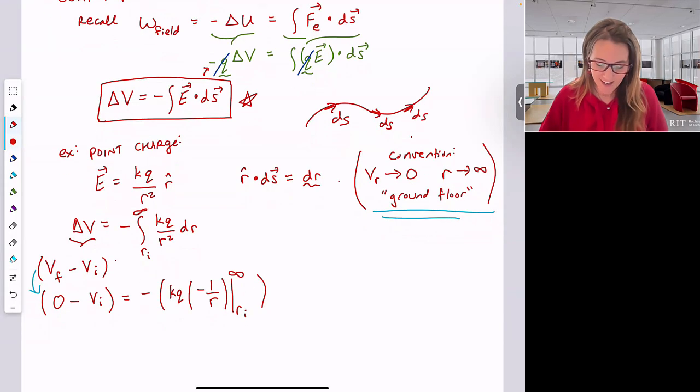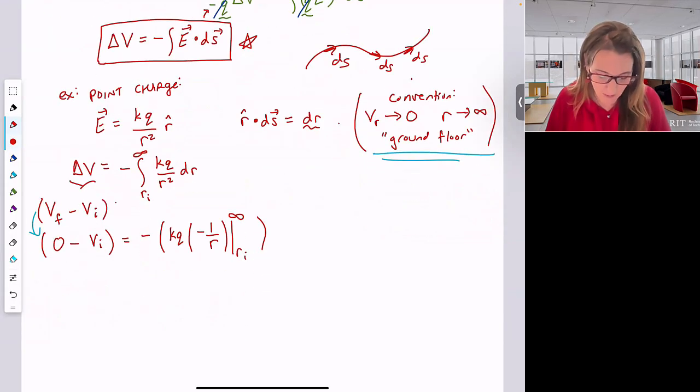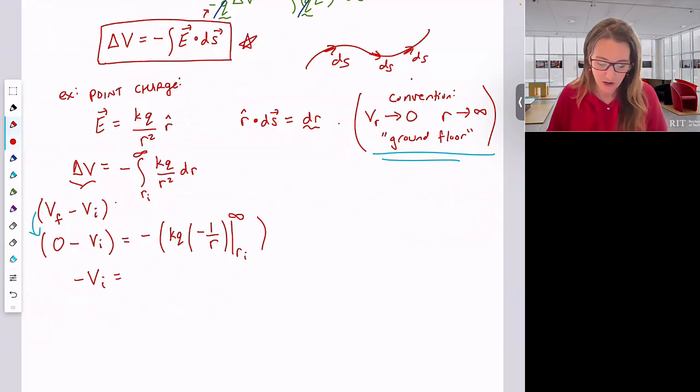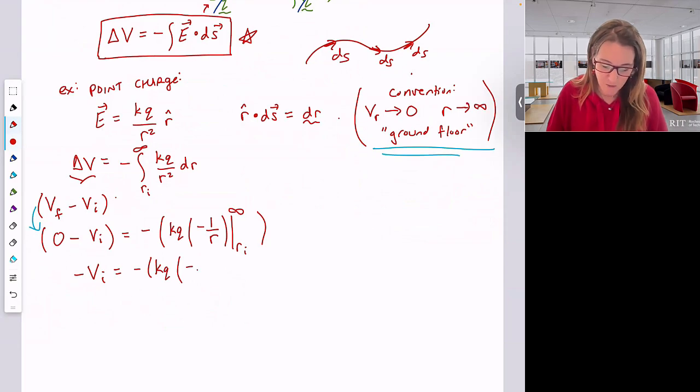And so if we follow through all of these negative signs, on the left-hand side I have negative V initial equals negative kq times negative 1 over infinity minus negative 1 over r initial.